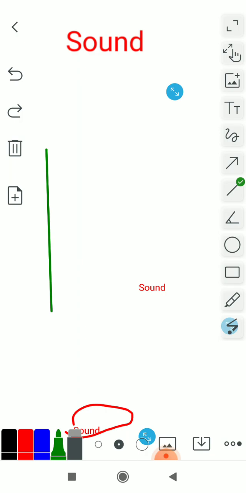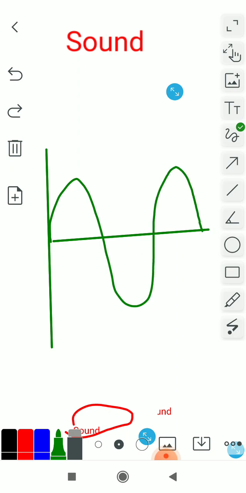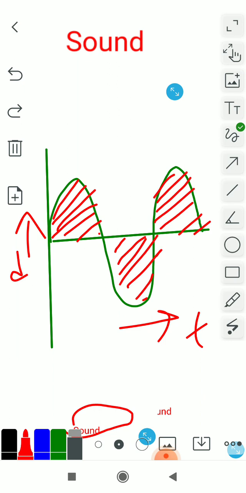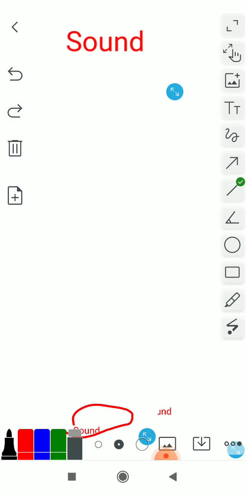Let's see here. If I draw this graph, this is displacement d, this is time t. About the mean position, this is the maximum displacement. Let me draw very clearly.